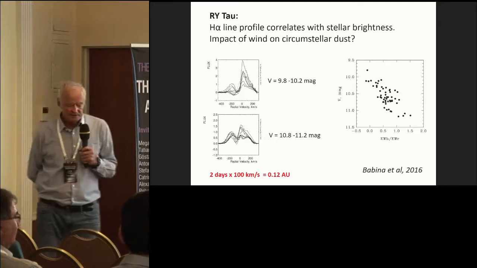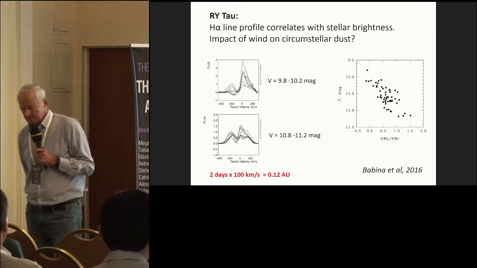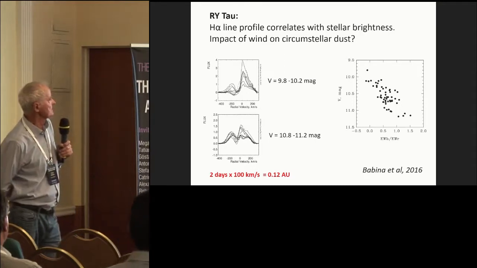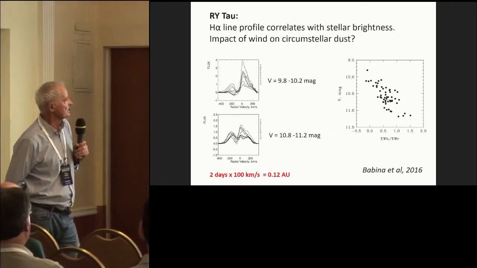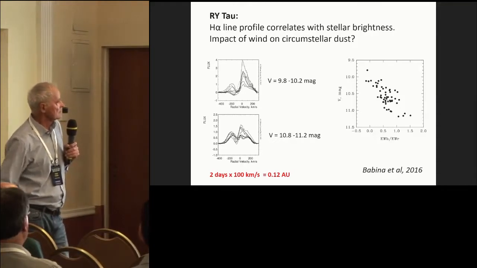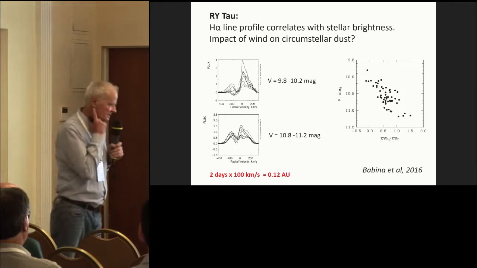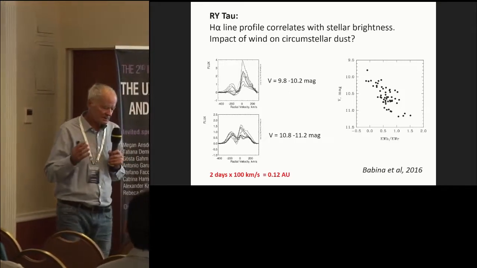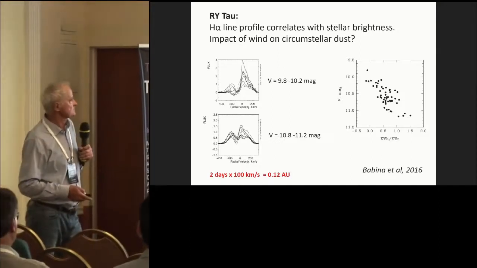So why is this star remarkable? In this star we observed a strange effect. The H-alpha line profile correlates with stellar brightness. We know that for this star, brightness varies solely due to dust extinction, not due to variable accretion.